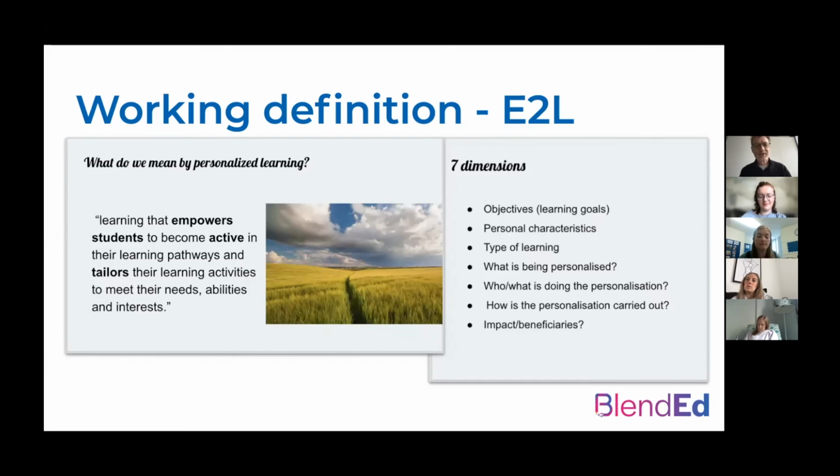We've got a working definition in our E2L, our Empower2Learn project: learning that empowers students to become active in their learning pathways, so that pupils, children are having some personal interest and control, and learning that tailors learning activities to meet their needs, abilities and interests. I think your contributions are reflected well in that definition.